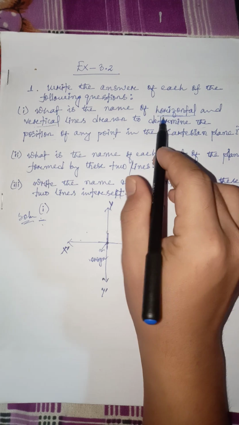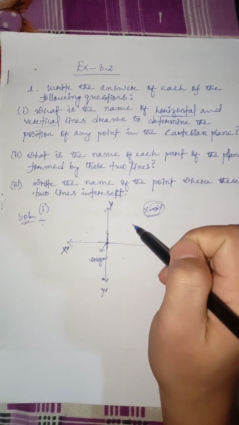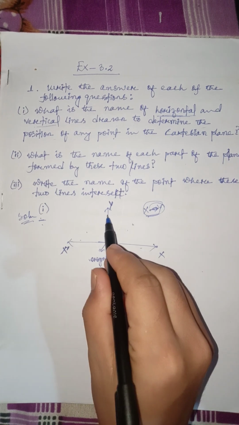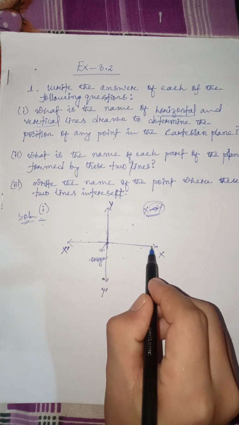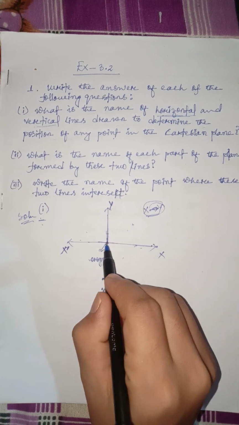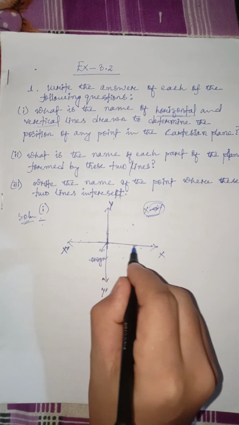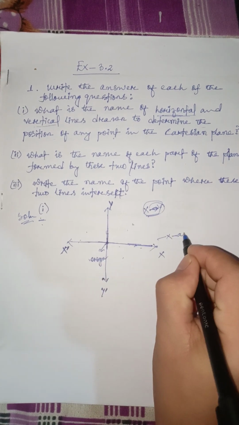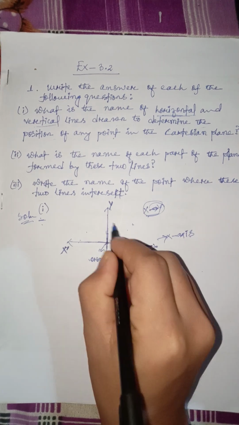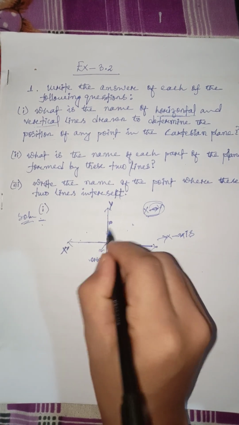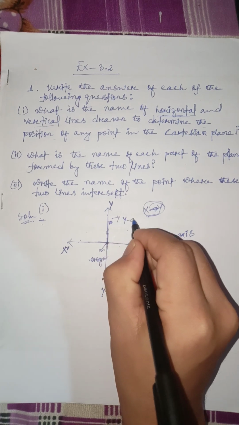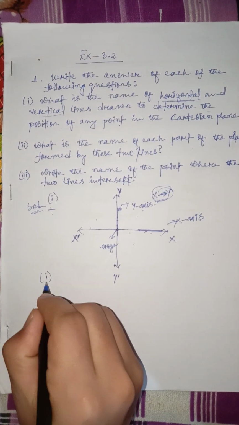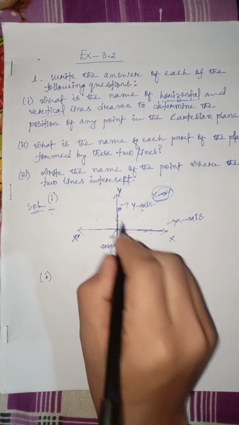Now the lines that we use for determining that are horizontal as well as vertical. This is what we call vertical, and this is what we call horizontal. In the Cartesian plane, we call the horizontal line the x-axis, and we call the vertical line the y-axis. So the first question asks for the names of the vertical and horizontal lines.